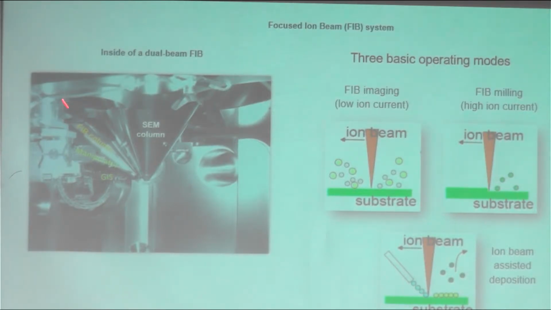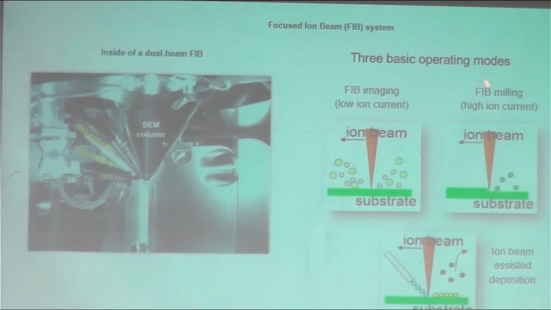But the first, old systems had only one FIB column. Why? Because with the focused ion beam you can do three things, different operation modes. One, if you use low ion current mode, then you can make FIB imaging, but because the size of the ion beam is much larger than that of an electron beam, the resolution will not be so good.